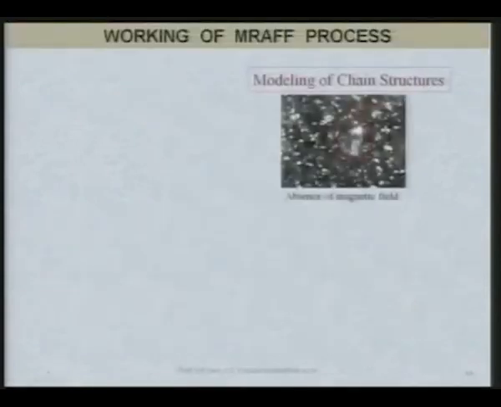To understand the mechanism of removal of material during the MRF process, we took a photograph of the MR polishing fluid in the absence of the magnetic field, and you can clearly see the iron particles and abrasive particles are randomly distributed in this particular figure.